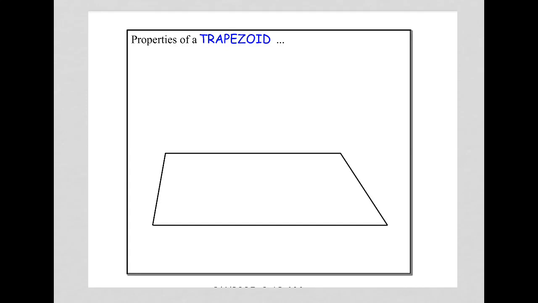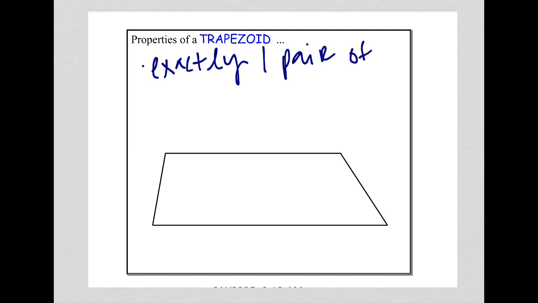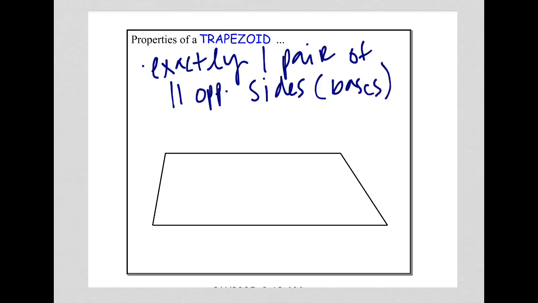Next we have a trapezoid. So trapezoids have exactly one pair of parallel opposite sides. And in this case, we're talking about their bases. Our top portion here is called a base, and our bottom is called a base.